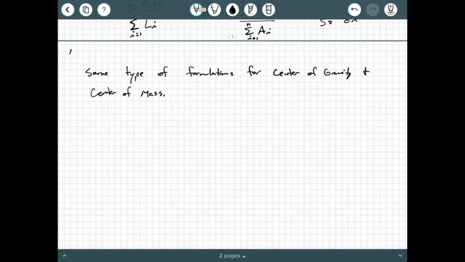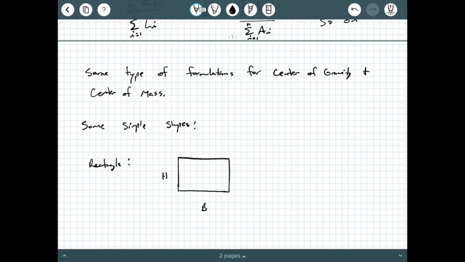Now, a couple of simple shapes we want to keep in mind. When we look at centroid, we're going to talk about the following simple shapes. If you have a rectangle or square, maybe with a base B and a height H, its centroid is going to be located right in the middle of those two dimensions.